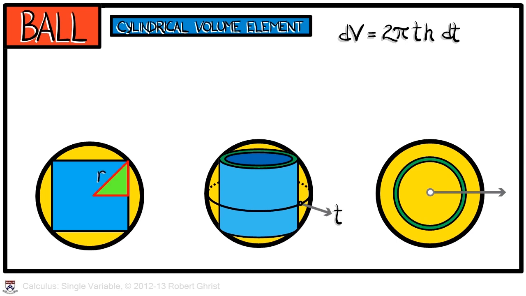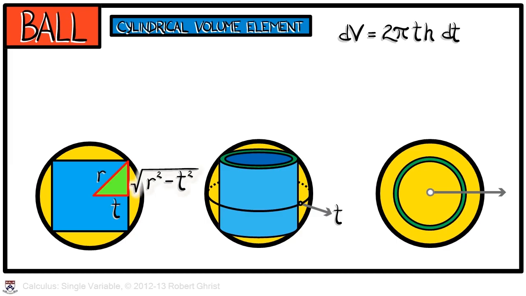This triangle in profile is going to have hypotenuse r, the radius of the ball. The base is of length t, the radius of our cylinder. The height is given by Pythagoras as the square root of r squared minus t squared.